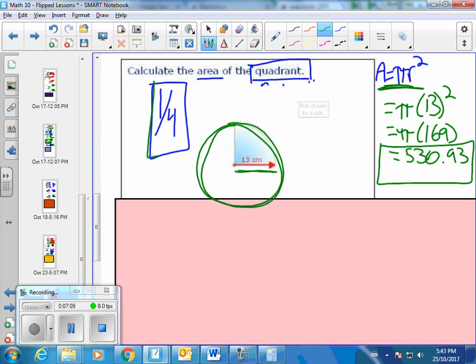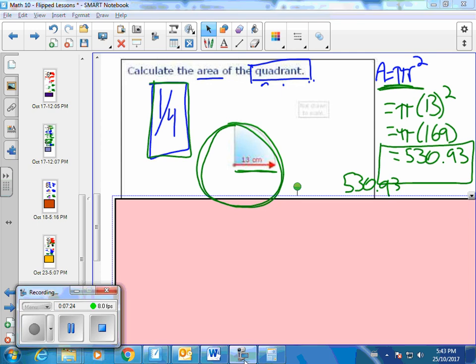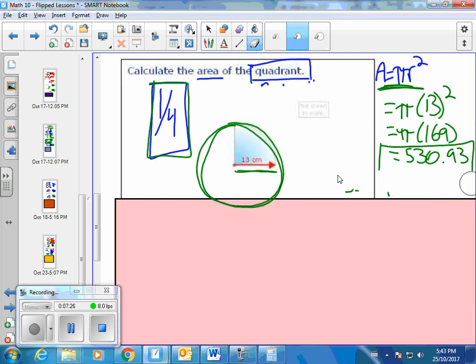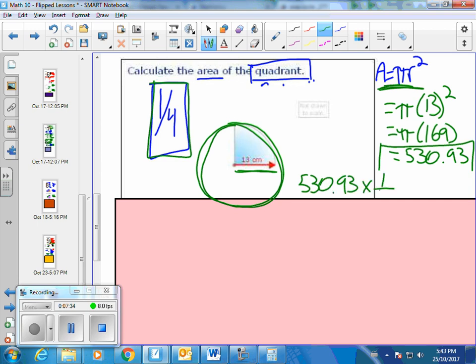Remember, we have 1/4 of the circle. So I'm simply going to multiply this 530.93 times 1/4.